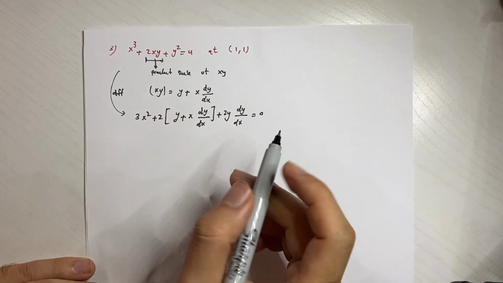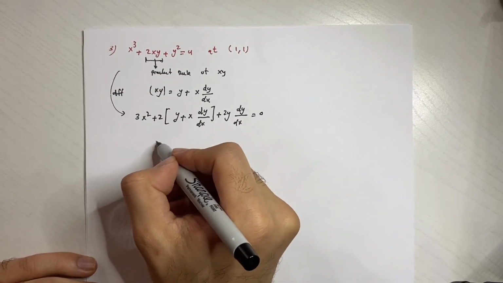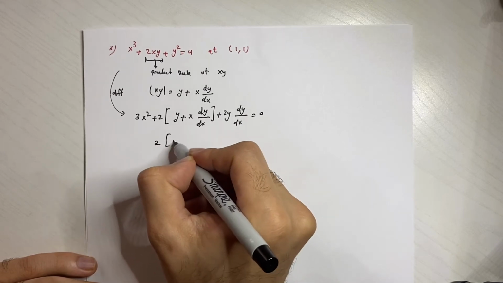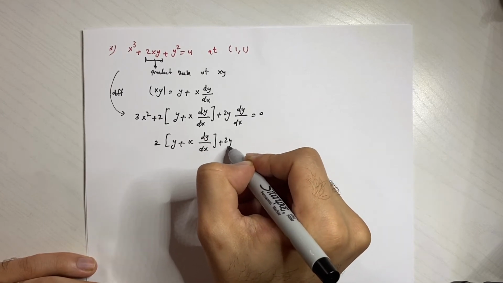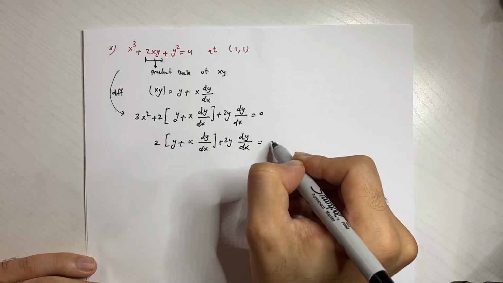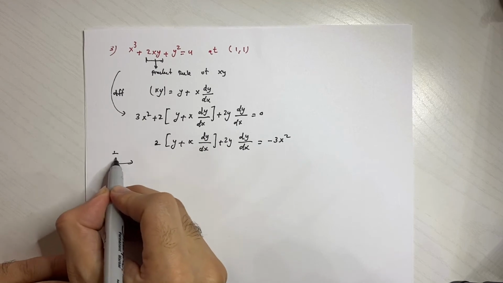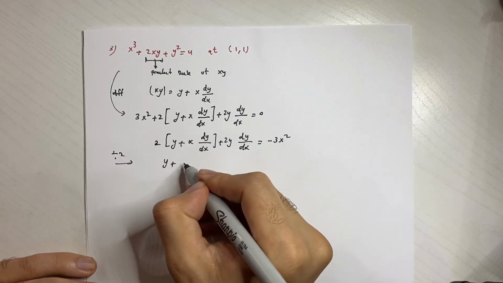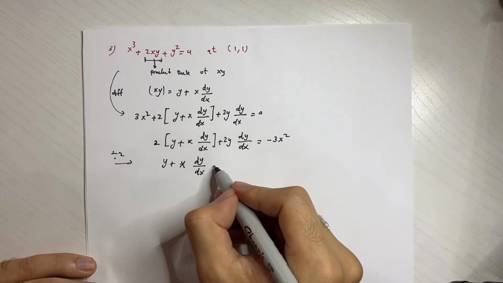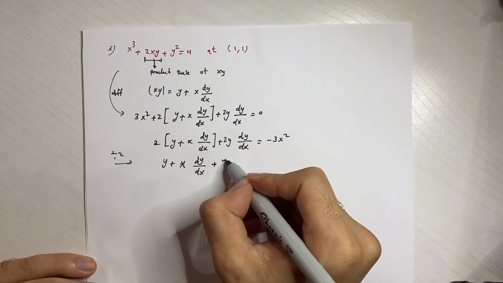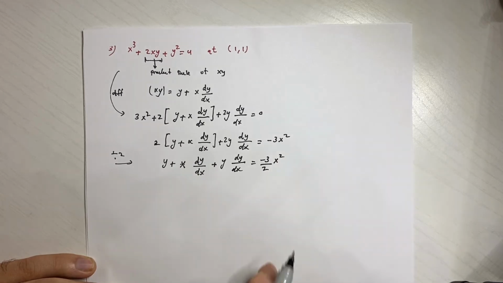Now we want to solve for dy/dx, so I'm going to move the term 3x squared to the other side. Now I'm going to divide by 2. We'll end up with y plus x dy/dx plus y dy/dx, equal to minus 3 over 2 x squared.